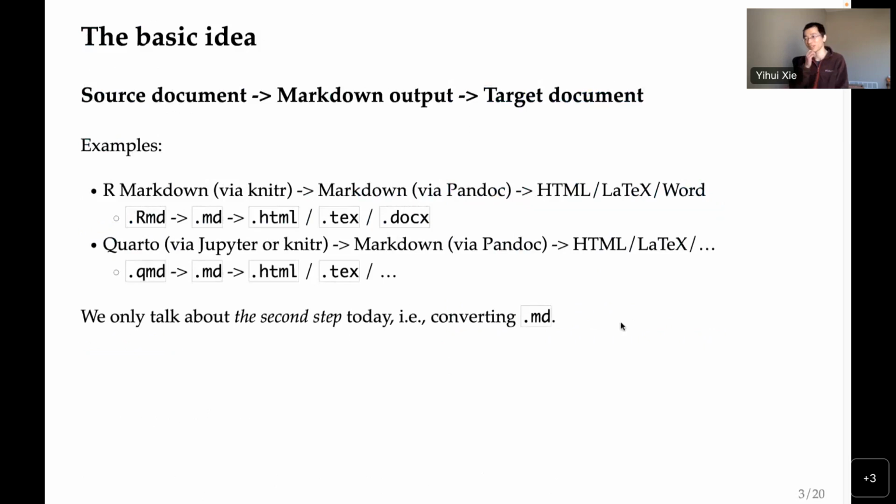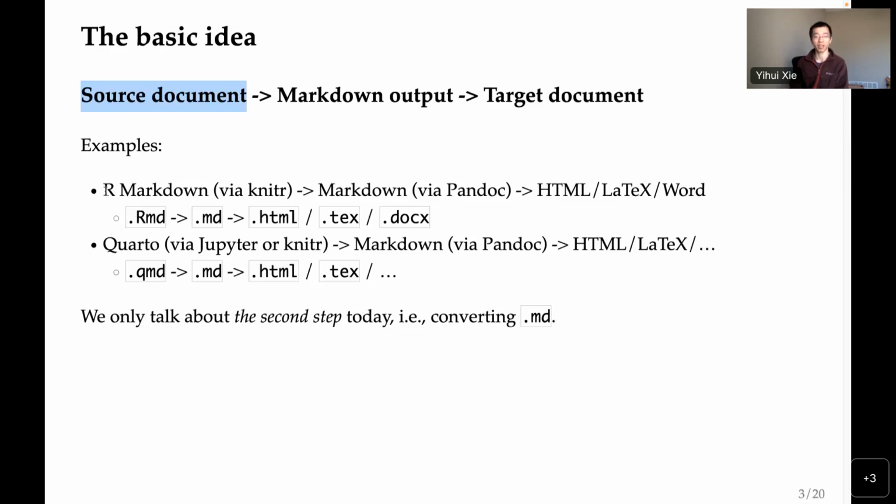I think most people in the audience should be familiar with R Markdown. Just to recap, the basic idea is that first we've got a source document, the R Markdown document. We convert that to Markdown output, and then we convert the Markdown output to a target format, for example HTML, LaTeX or a Word document. Here are two common examples.